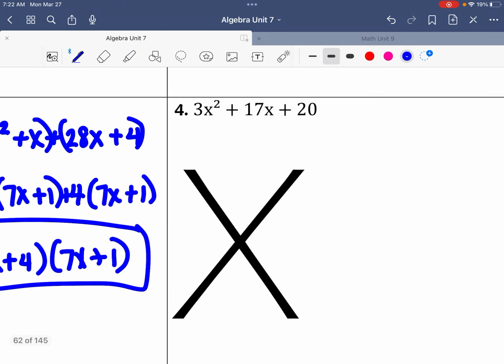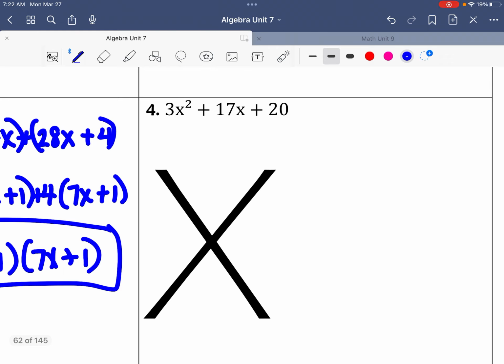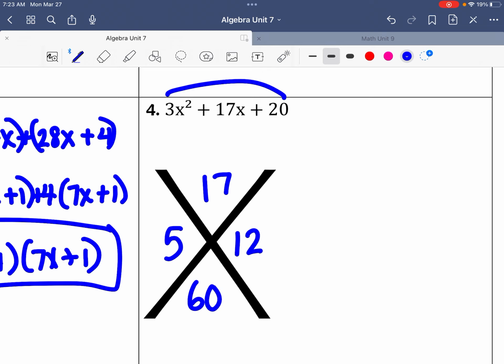Hope you like this system. Okay, this one, I'll put 17 here, multiply 3 times 20, and put it in the bottom. The factors of 60 that will add up to 17 are 5 and 12. Rewrite my trinomial, 3x squared plus 12x plus 5x plus 20.